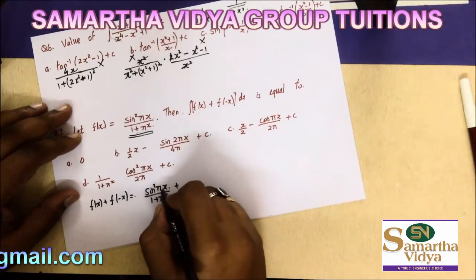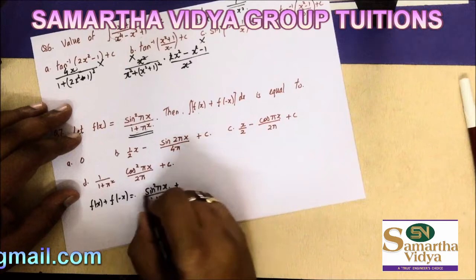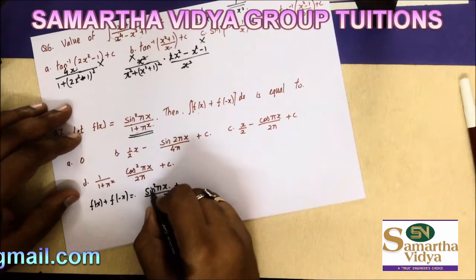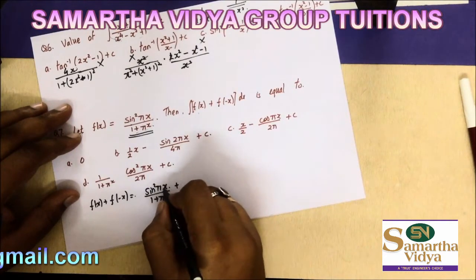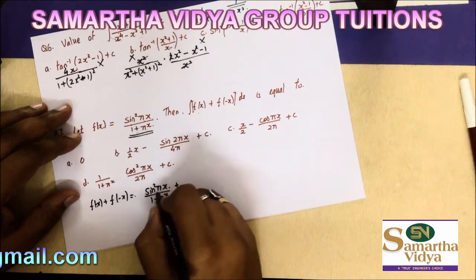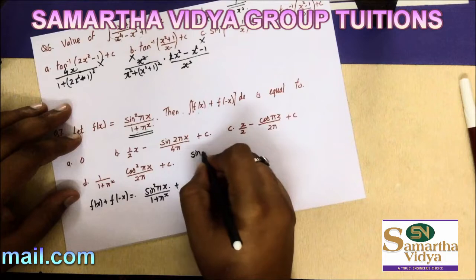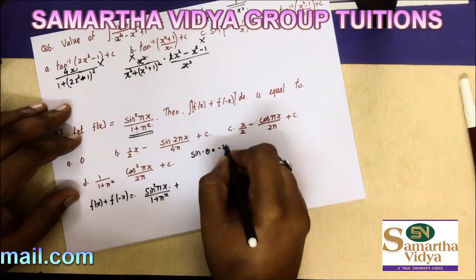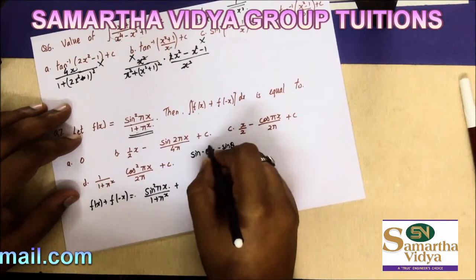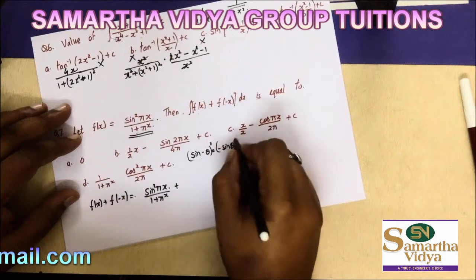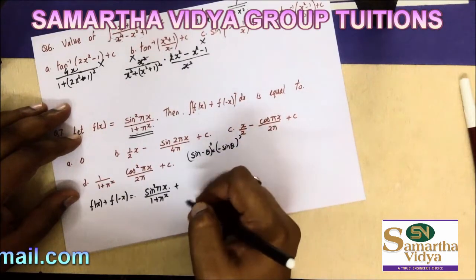So we know that if I'm replacing x with minus x in this, the numerator, I'll be getting sine square minus pi x. Now I know that sine of minus theta is minus sine theta, but I'm taking square of this, so the minus anyway does not matter.